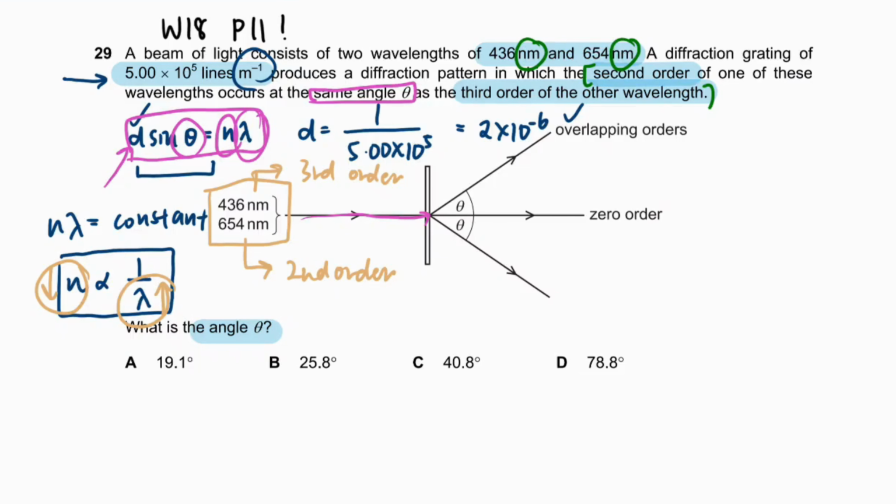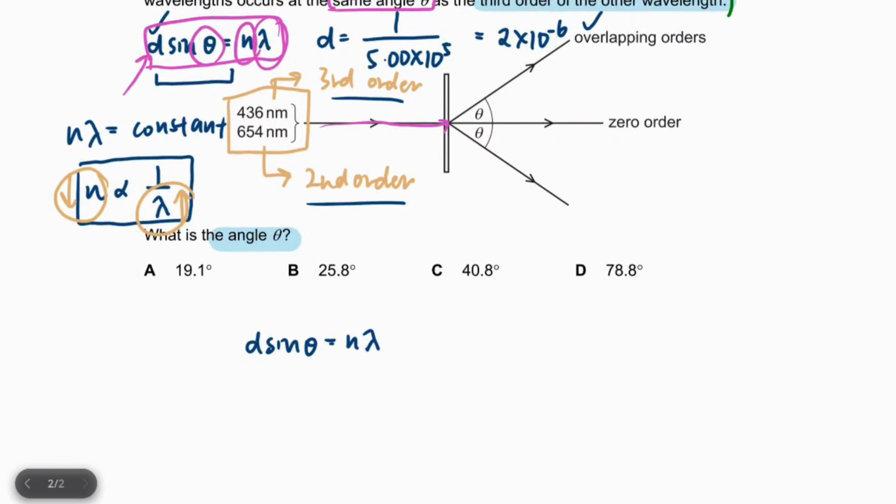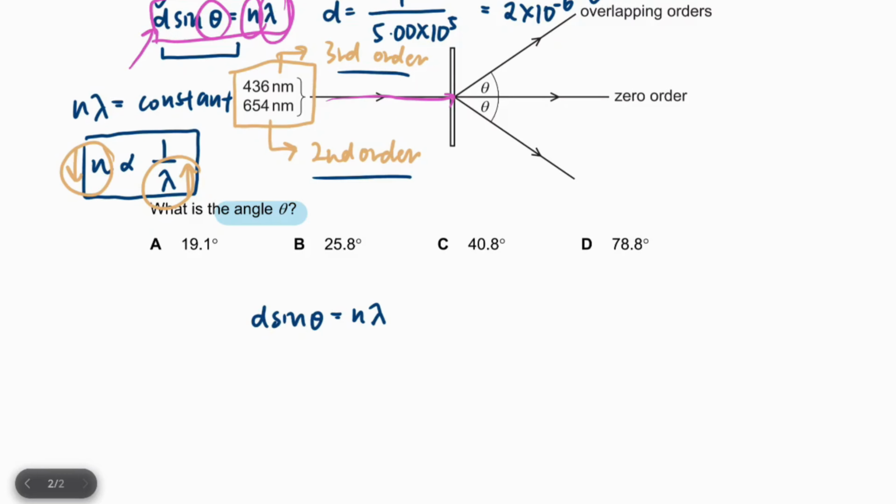You can actually use either wavelength to calculate and find your angle. I'll show you both to show you that the relationship is true, that we have put the right order for each wavelength, and that both will give you the same angle. So let's start with 654 nanometer, not Newton meter, nanometer. d sine theta equals n lambda. Our d, as we have calculated earlier, is 2 times 10 to the power of negative 6.